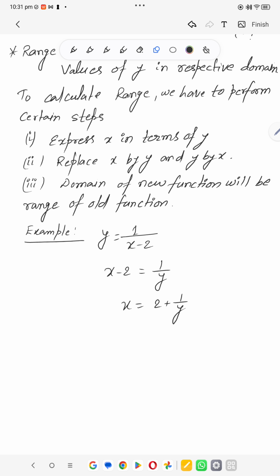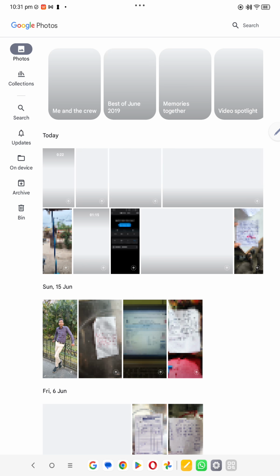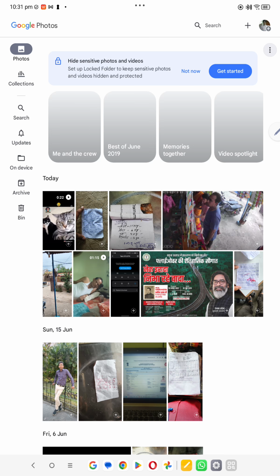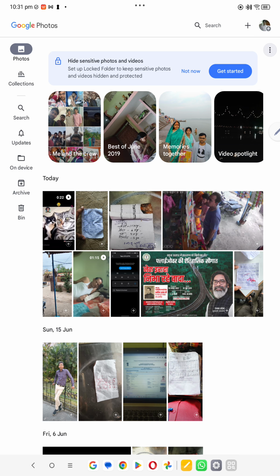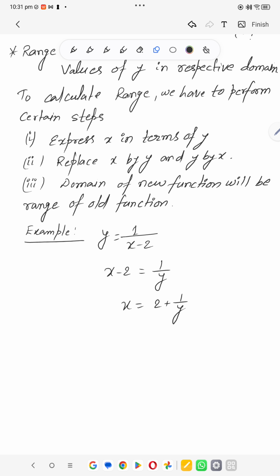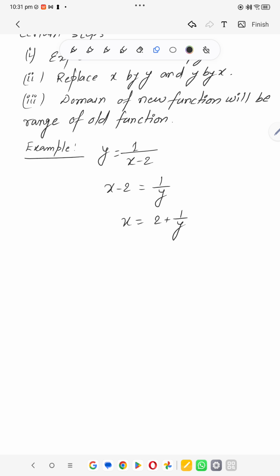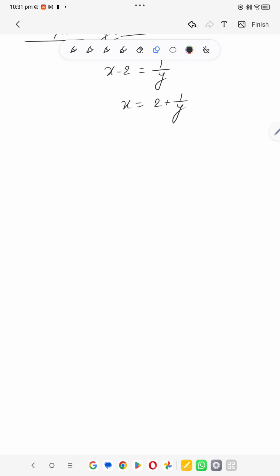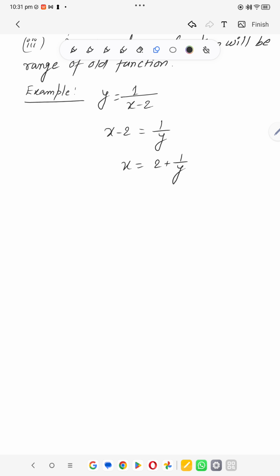Now change x to y and y to x, so y equals 2 plus 1 by x.